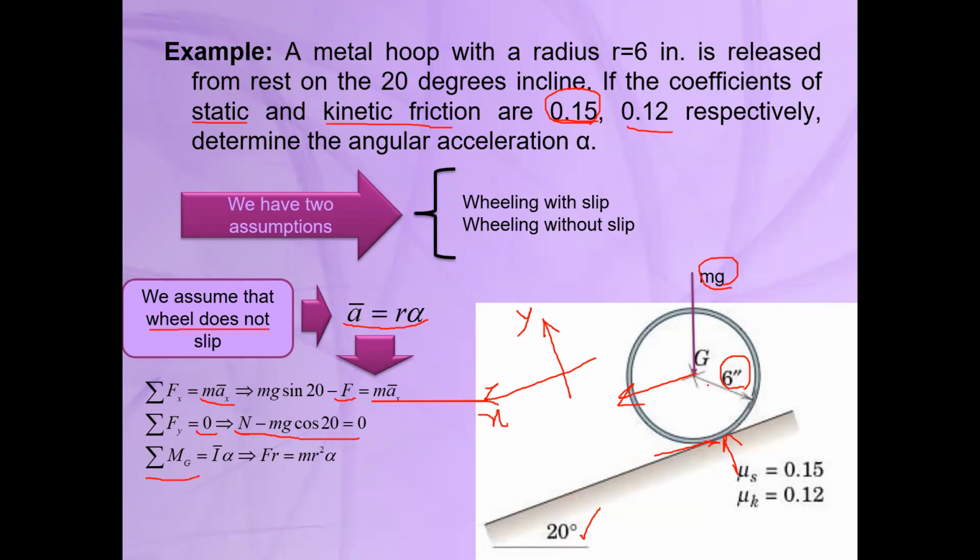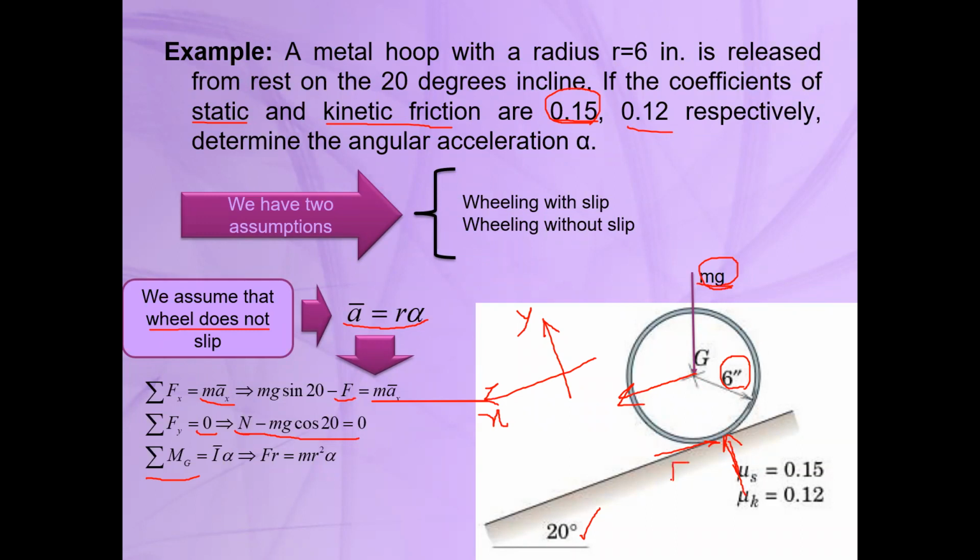You can write the moment equation about the mass center, which is equal to the mass moment of inertia about the mass center times alpha. When you write the moment equation about the mass center, the moment due to mg is equal to 0 because the weight acts exactly at the mass center. The normal reaction passes through the mass center, so it doesn't have any moment.